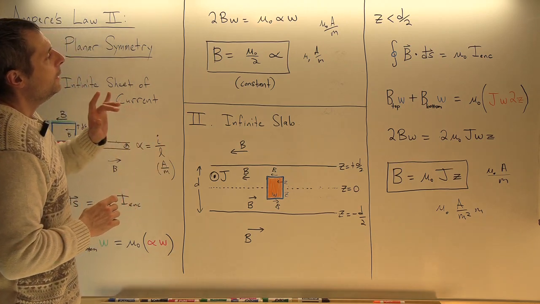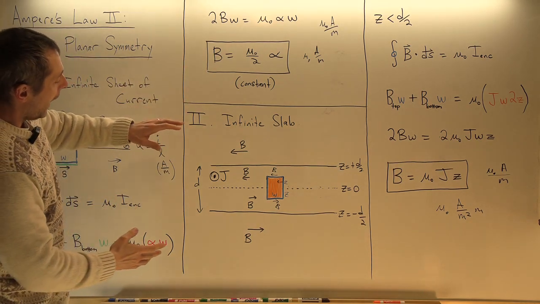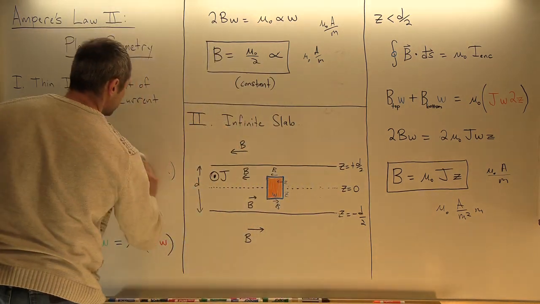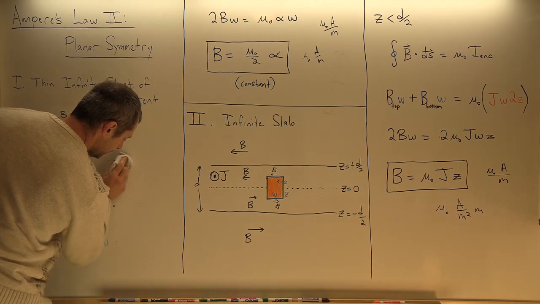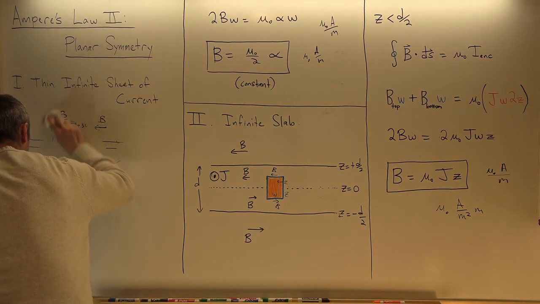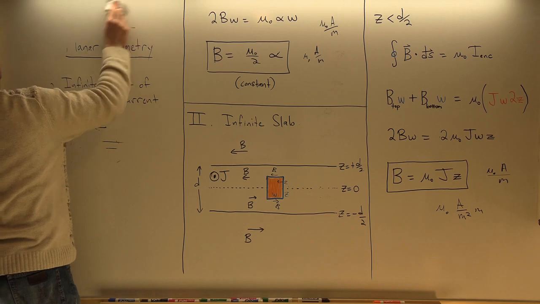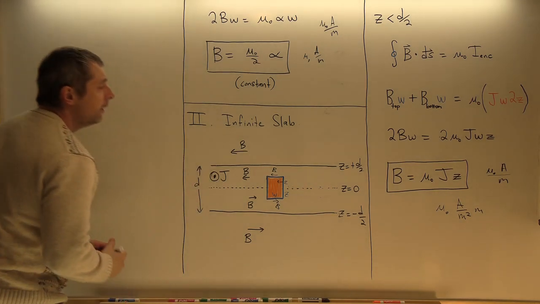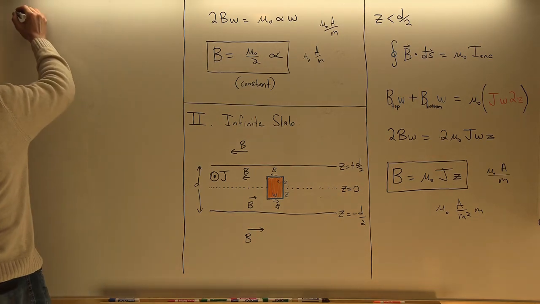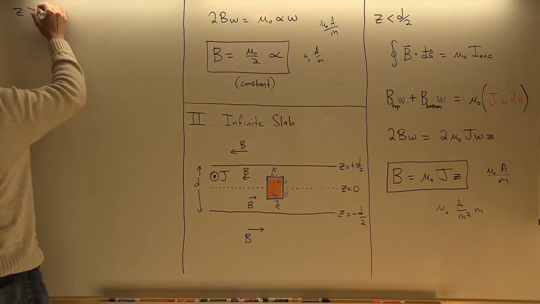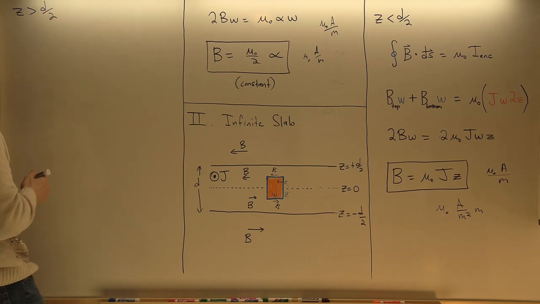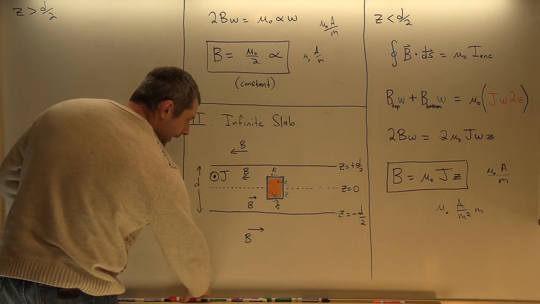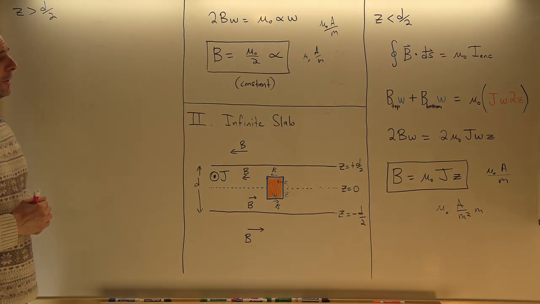All right, so now what we have to do is move on to outside the slab. Z greater than D over 2 is a way to say outside the slab. So what I'm going to do now is pick a new Amperian loop.